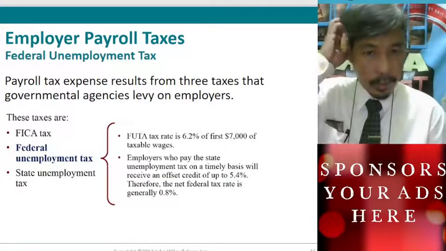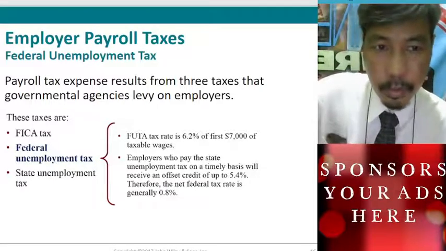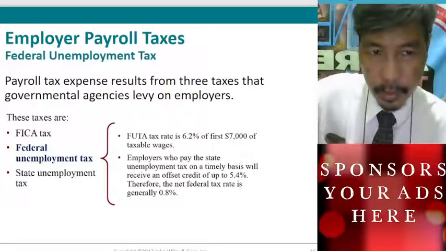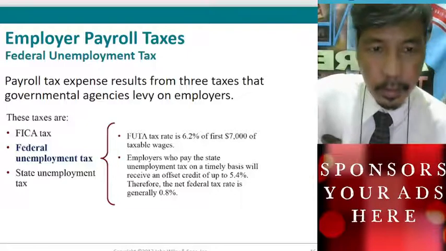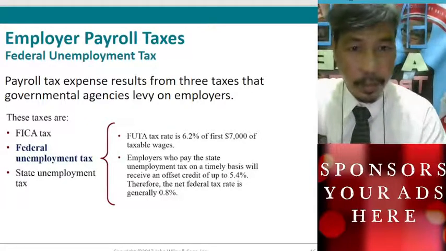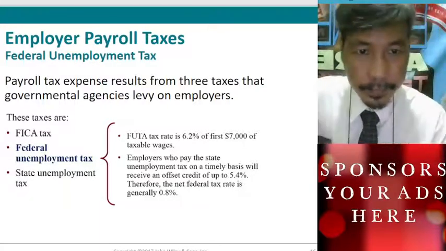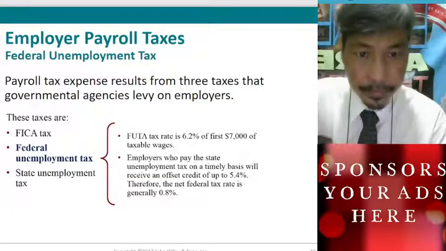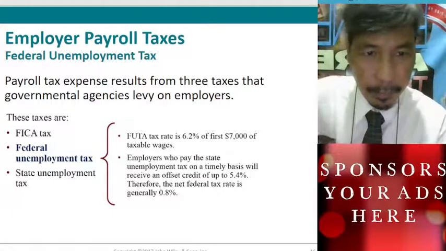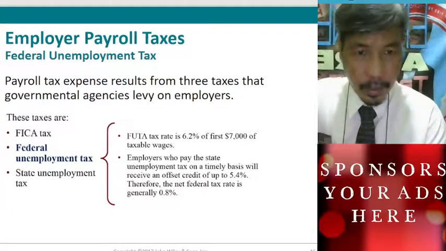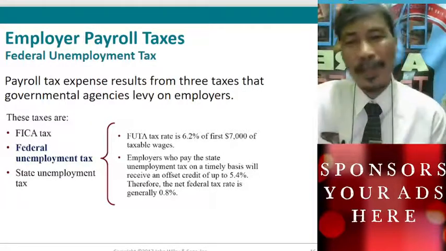The federal unemployment tax is 6.2 percent of the first 7,000. Employers who pay on time can offset it. The federal tax rate is generally 0.8 net, because they will have a credit of 5.4 if they pay the state unemployment tax on a timely basis.